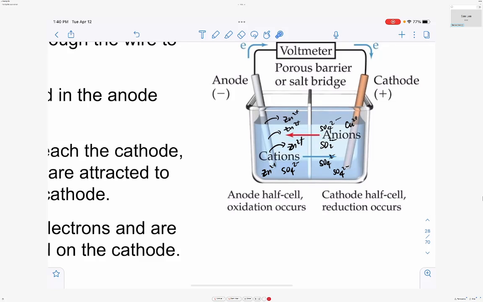What happens in the salt bridge is that the cations of the salt are going to move to the cathode to balance out any building up anions in this beaker. Anions in the salt bridge will move towards the anode side to balance out any cations that have been building up.